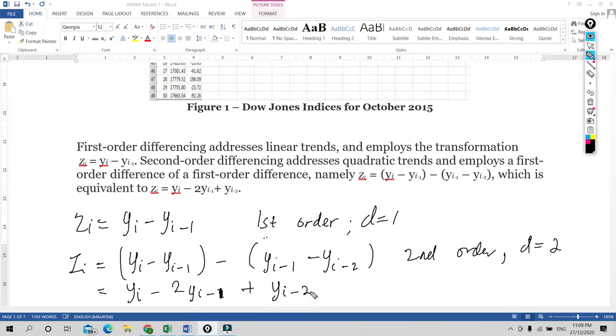This is the second order differencing. What about the third order differencing?